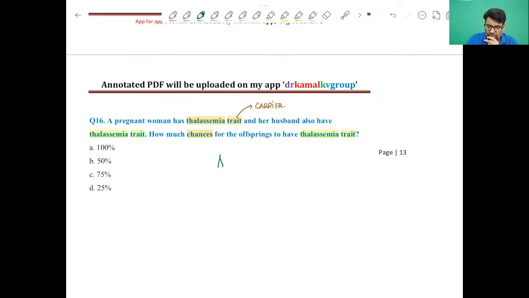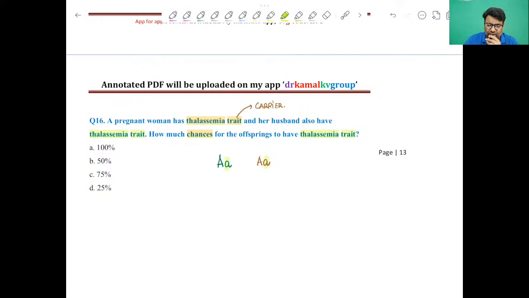Suppose if the mother has this mutated gene, and if suppose the father has this mutated gene.